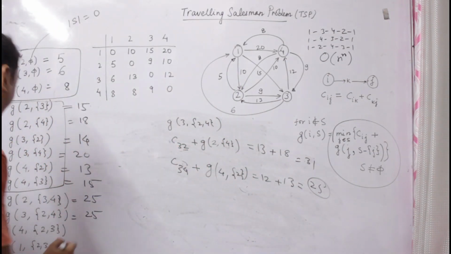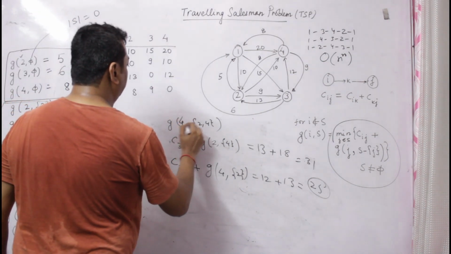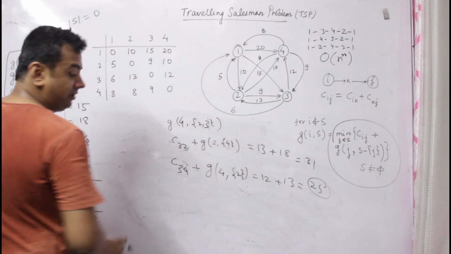This is 25. Again G(4, {2, 3}), so this is what?